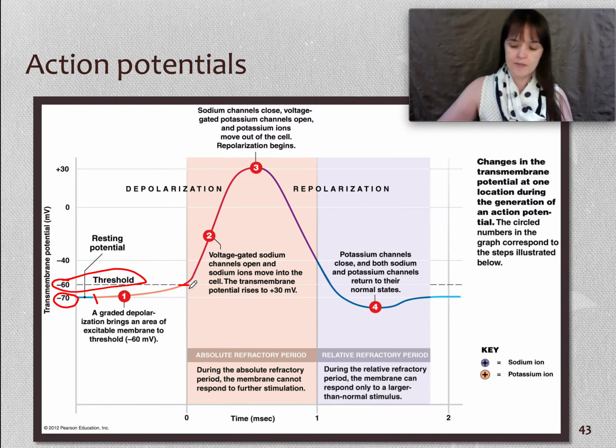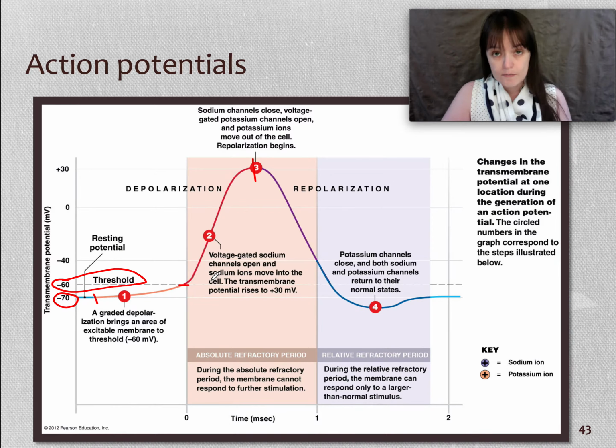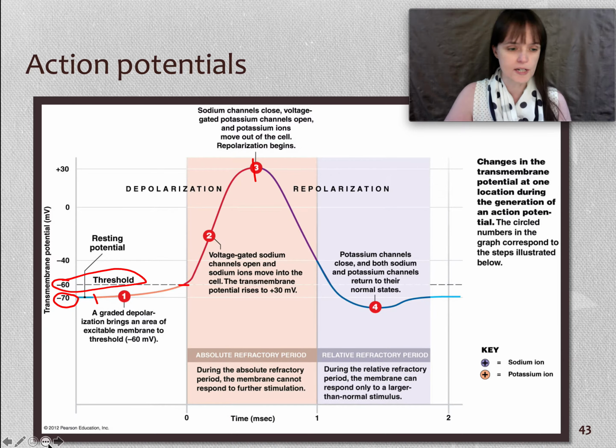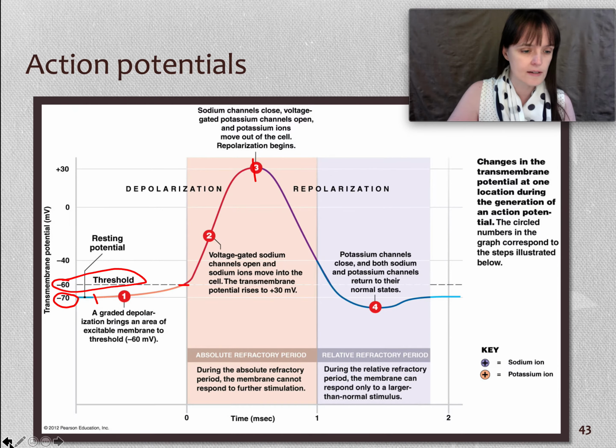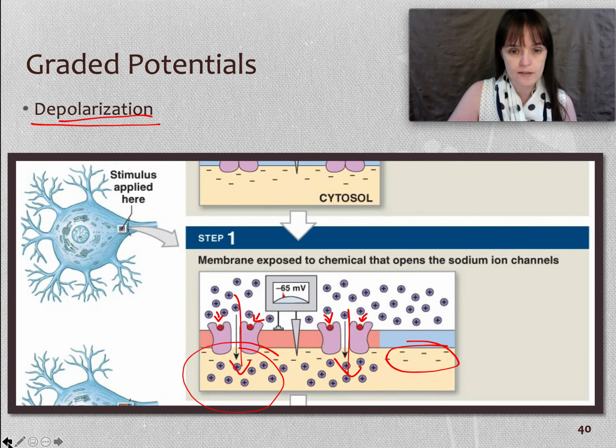The second segment, number 2, goes from here up to here. When you reach threshold, that opens the activation gate on the voltage-gated sodium ion channels that we saw on another slide.